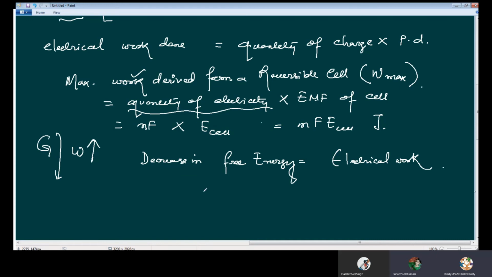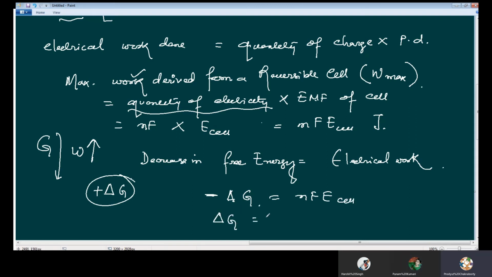So a decrease in free energy, we represent with a minus sign, minus del G. If it is an increase in free energy, we say positive del G. Fine. So minus del G is equal to nFE of the cell. Now taking the negative to the other side, del G is equal to minus nFE of the cell.